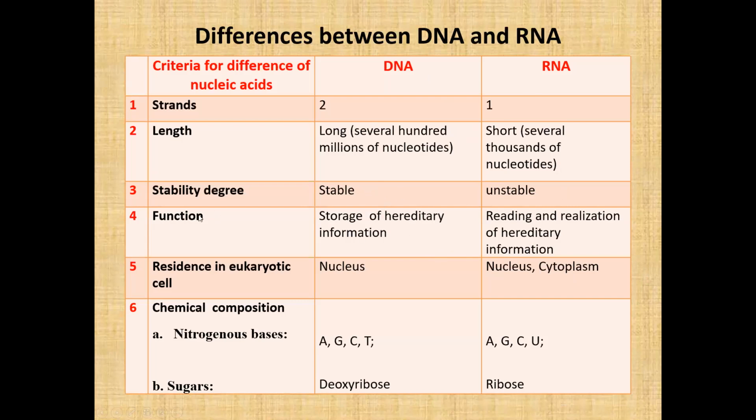For example, if we take the function of these molecules, we can see that the main function of DNA is to store hereditary or genetic information, while the main function of RNA is to read and realize this hereditary information.